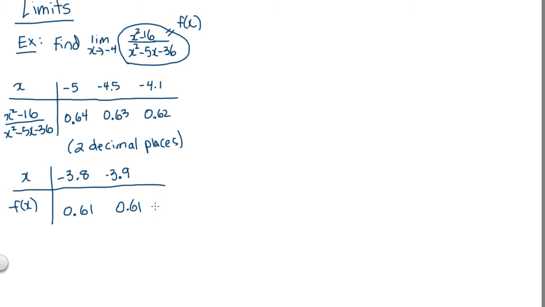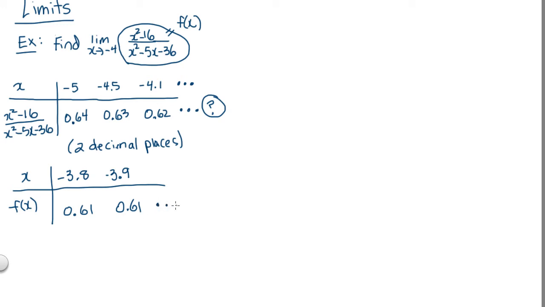All right, so when we ask for the value of a limit, what we are doing is we're looking at these x values that are approaching -4, and we're imagining getting closer and closer to the x value -4, and we're trying to predict what our function is going to look like as the x values get closer and closer to -4. So we're trying to predict what this question mark value is.